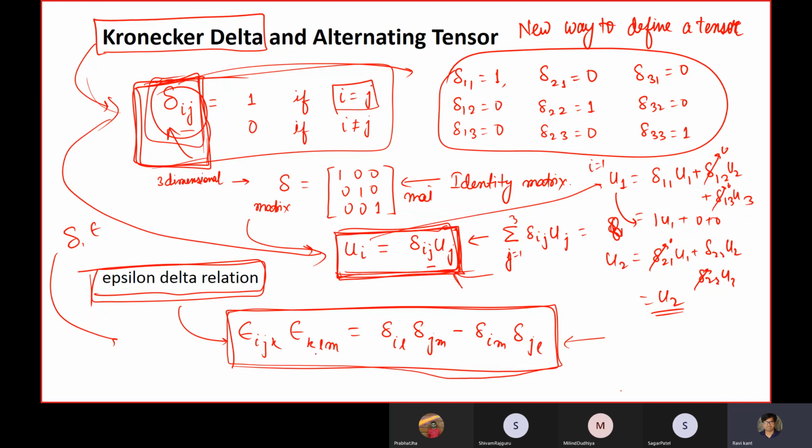So one way to understand this is, let's suppose ij is the usual notation, k is there, and k is a common, repeated index you can say. So ij and lm are four indices, and the fifth one is the k index.